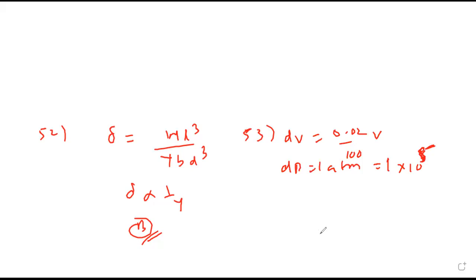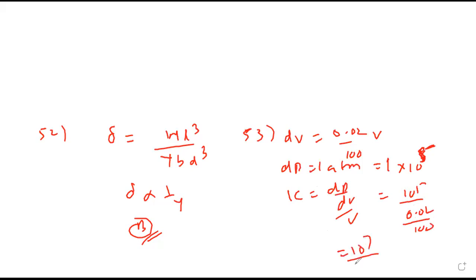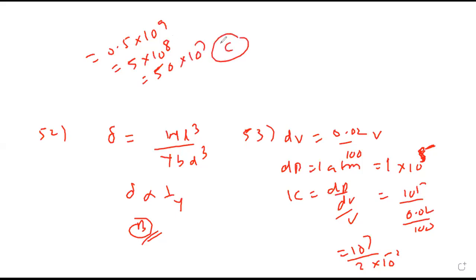The bulk modulus of material will be how much? So K equals dP upon dV by V, 10 raised to 5 upon 0.02 upon 100. This goes to 10 raised to 7 upon 2 into 10 raised to minus 2, 0.5 into 10 raised to 9. That will be 5 into 10 raised to 8, which is 50 into 10 raised to 7, option C.